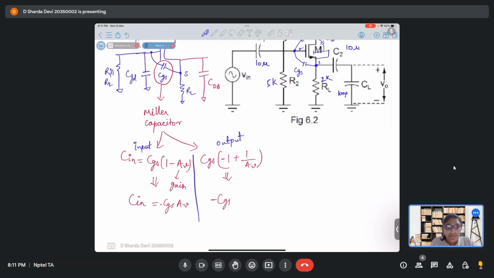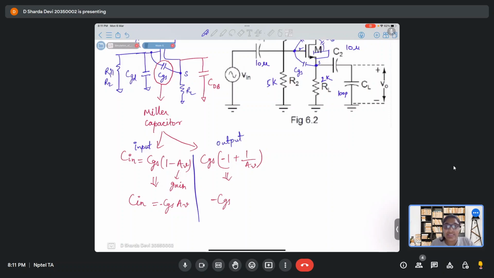Right? So this means if a capacitor is very small but it is a Miller capacitor, then its impact on the input side is gain times that capacitor. Suppose the gain is 1000, then your capacitance will increase by 1000 times, whereas at the output it appears as is.